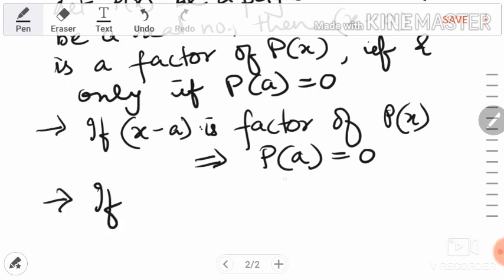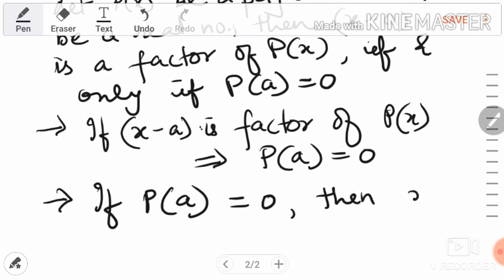Or we can write this statement in reverse. If it is given that p of a is 0, or we are able to show that p of a is equal to 0 for a polynomial, then we can say x minus a is a factor.